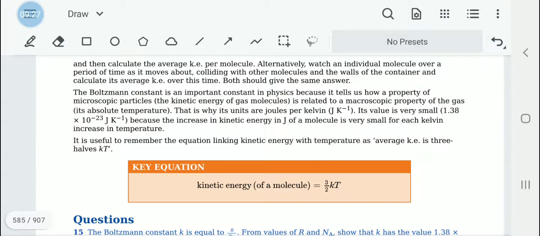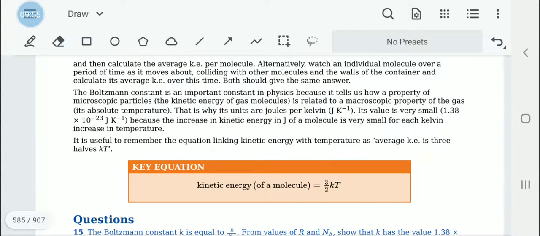Then when we take that combination, we can understand why and how these microscopic properties, such as the kinetic energy of a single molecule, affect the average kinetic energy, that is the temperature, which is a macroscopic property.